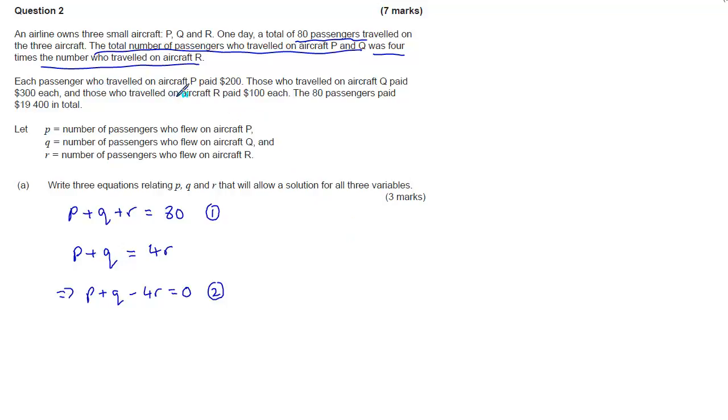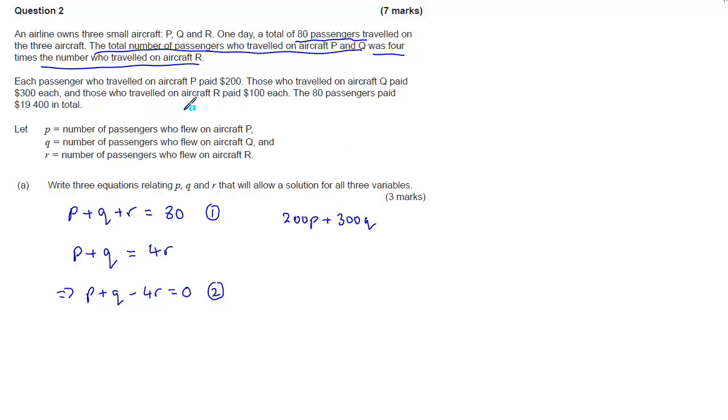Each passenger who travelled on aircraft P paid $200, so the total money received by the company for these passengers would be 200P. Those who travelled on aircraft Q paid $300 each, so that's going to be 300Q for the money received from them.